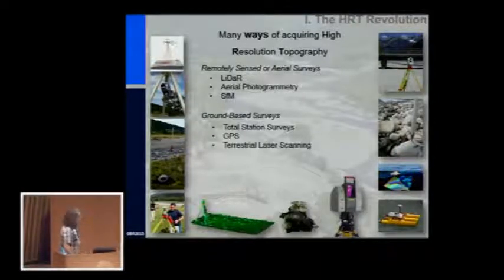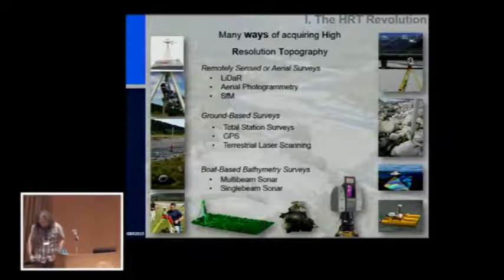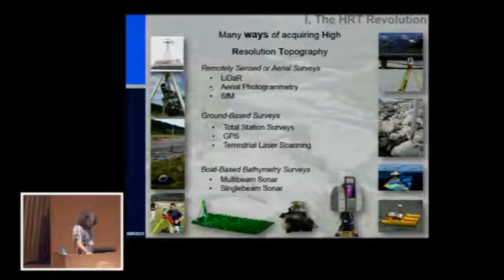And also we can get high-resolution topography using ground-based total station surveys, high-density GPS, RTK GPS surveys, and also, as you know very well, terrestrial laser scanning. And finally, in the wet channels, in the parts of the channels that are under the water, we can use boat-based bathymetry surveys. They can be multi-beam sonars, or they can be single-beam ADCPs, and so on and so forth.